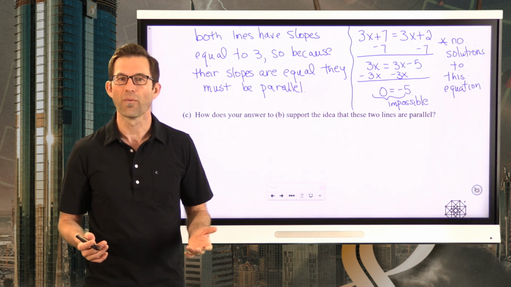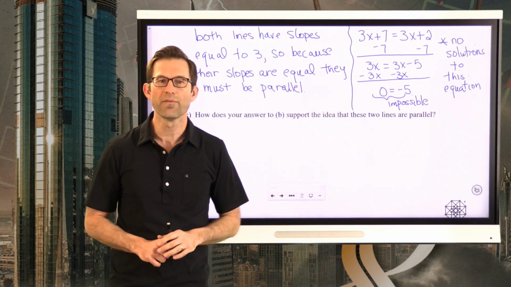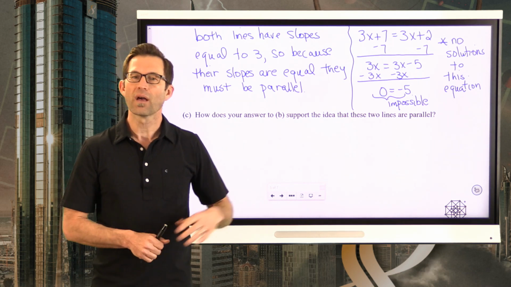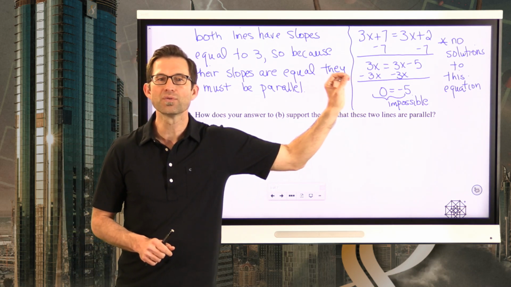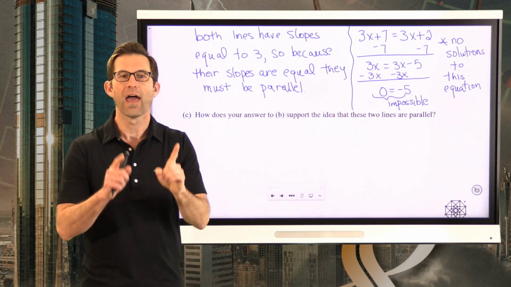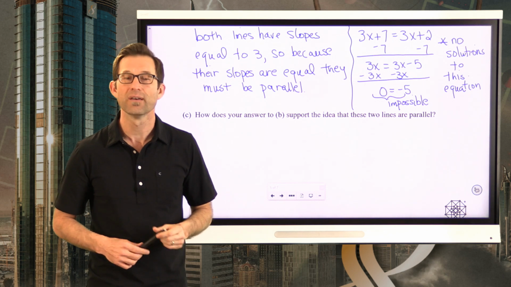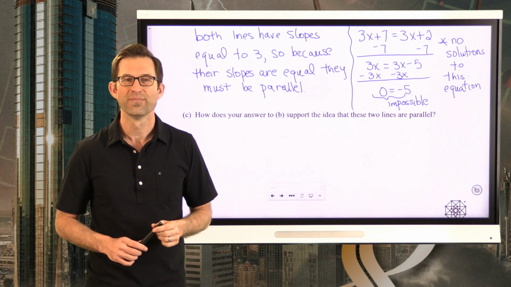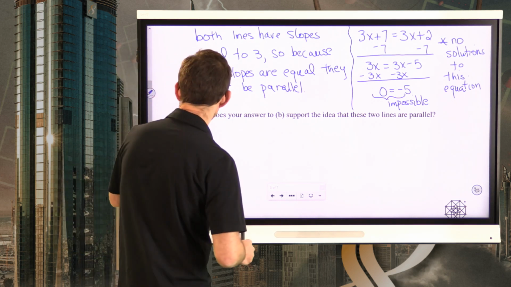Well, it's this simple. Right? When we're solving a system of equations, we're finding their intersection points. Because this system had no solution, it means there are no intersection points. And because there are no intersection points, it means these two lines must be parallel. Let's get that written down. All right?